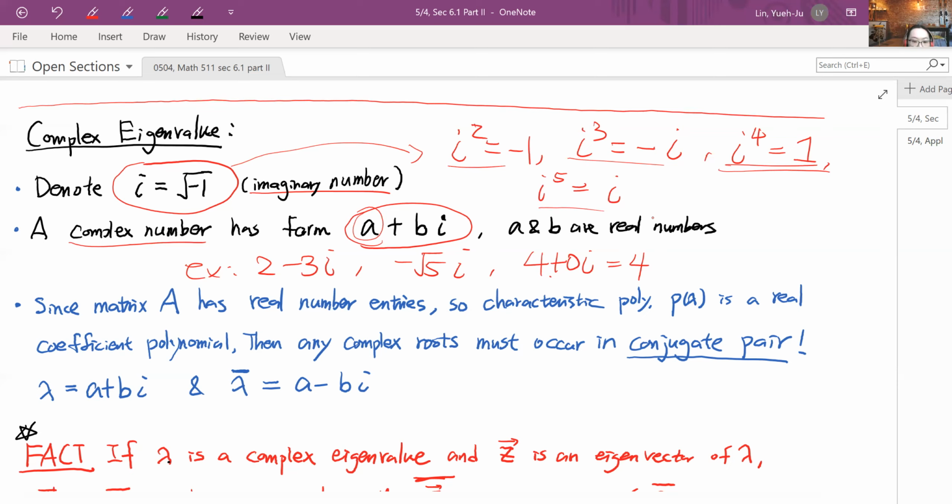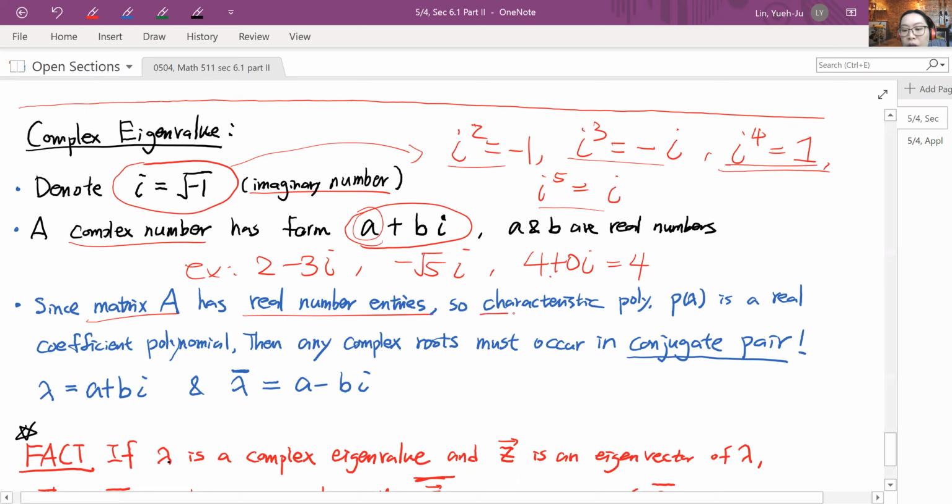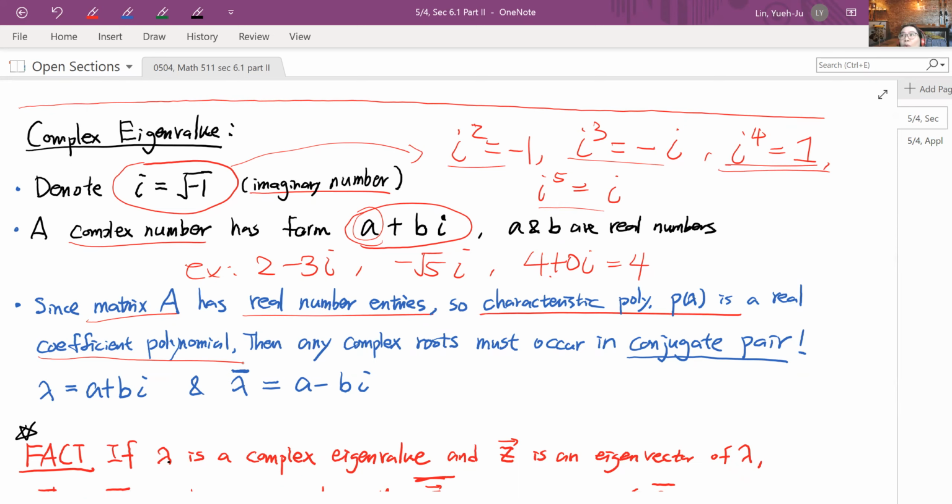Okay, so what's the upshot here? It turns out that we were dealing with this matrix. In the case when our matrix A has all real number entries, then the characteristic polynomial that we want to solve also has real coefficients. In that case, we can prove a very important property.